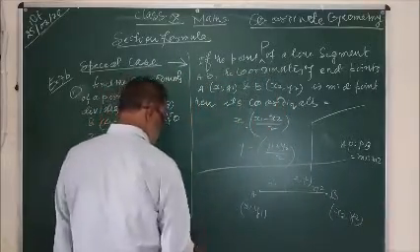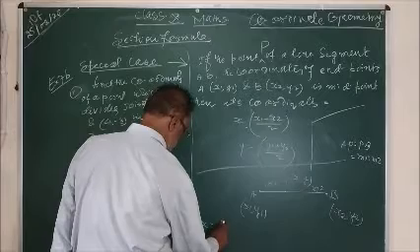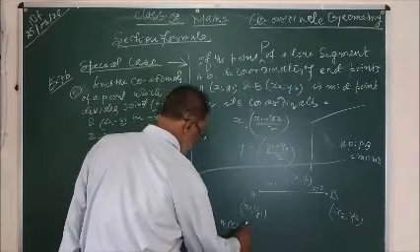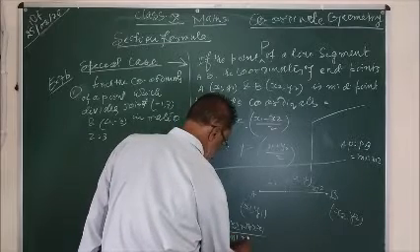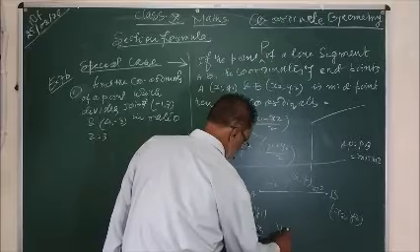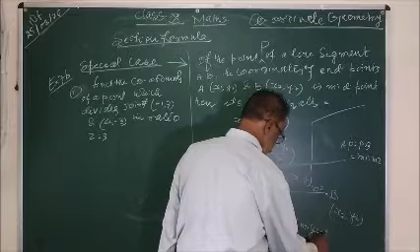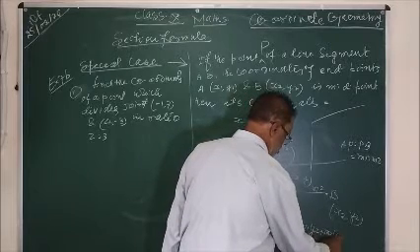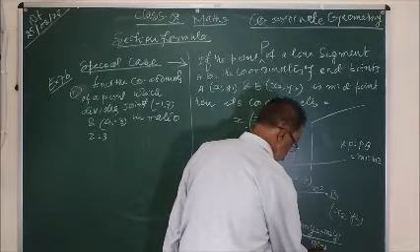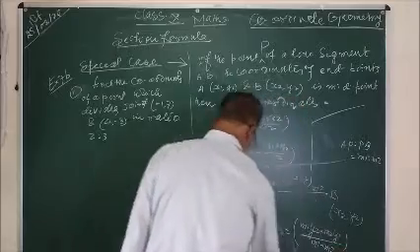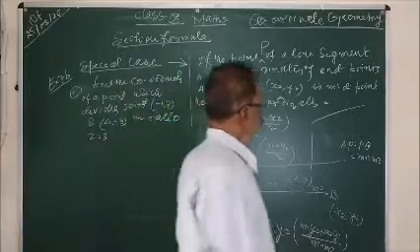And you might have understood the coordinates: x is equal to M1 x2 plus M2 x1 upon M1 plus M2, and y is equal to M1 y2 plus M2 y1 upon M1 plus M2, which is known as the section formula.